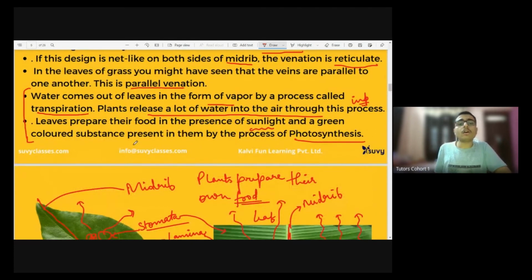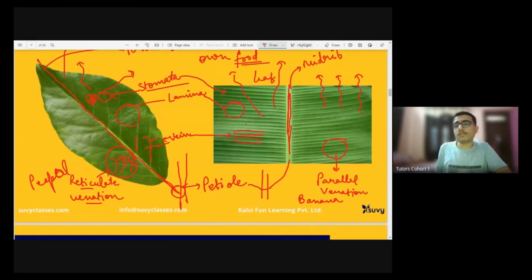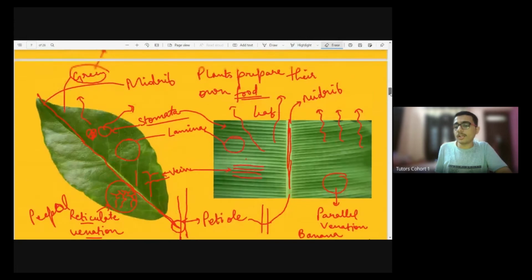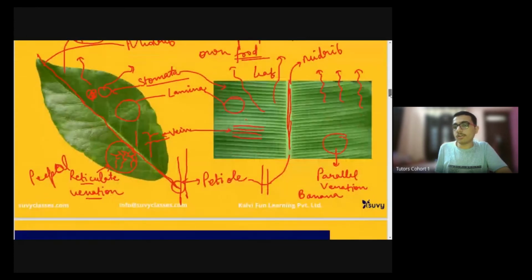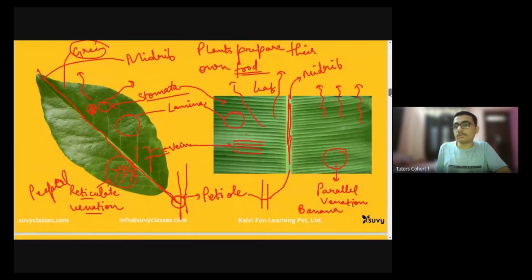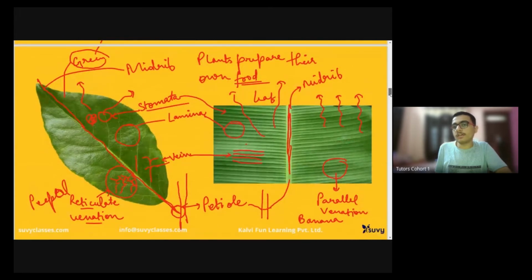And if the leaf is not green, it cannot prepare food, because the green pigment is called chlorophyll, and this chlorophyll is very important for the process of photosynthesis. Photosynthesis will not occur if the leaf does not contain chlorophyll.